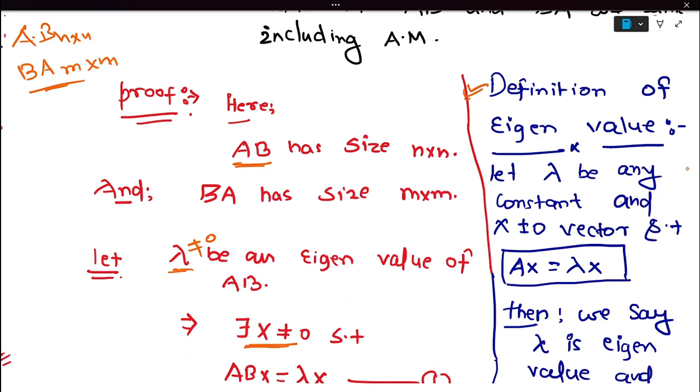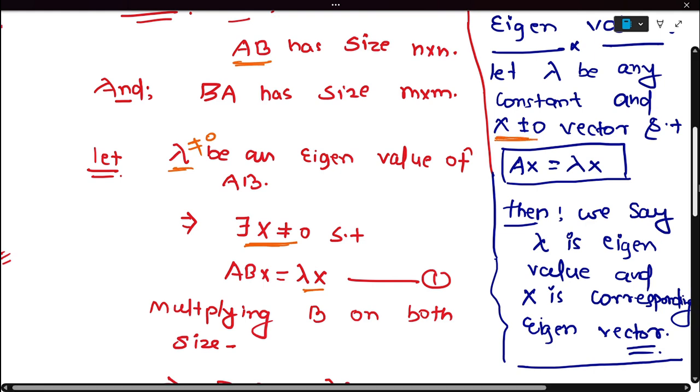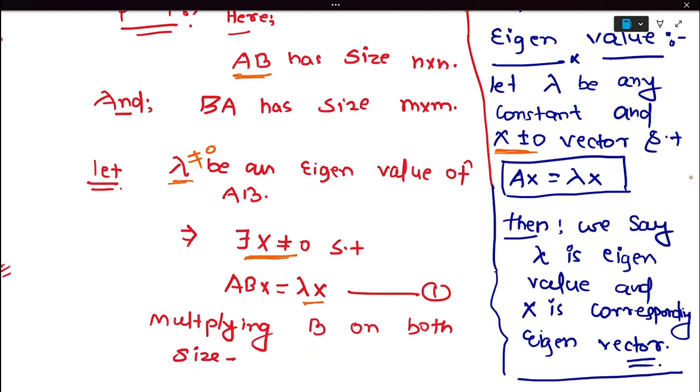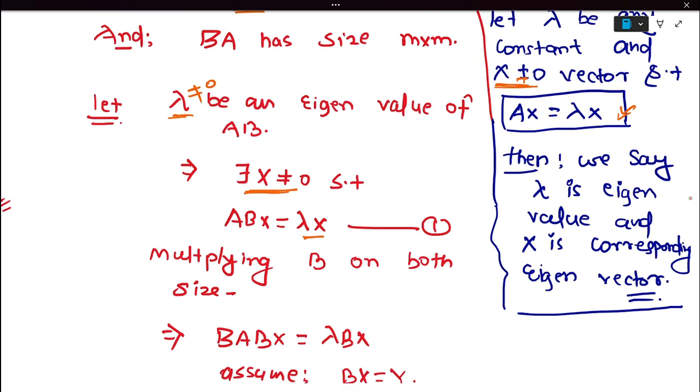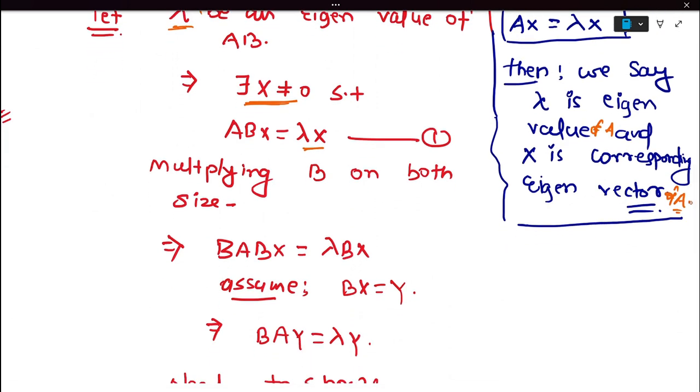The definition tells us that lambda is a constant, which can be zero or non-zero, but x is always non-zero to be an eigenvector. If Ax equals lambda x is satisfied, then we say lambda is an eigenvalue of A and x is a corresponding eigenvector of A. So by definition we can write ABx equals lambda x, because lambda is an eigenvalue of AB.